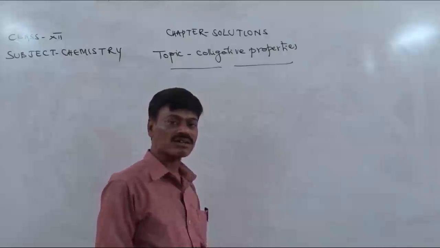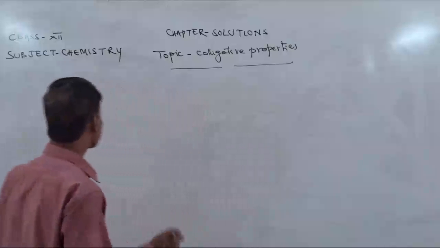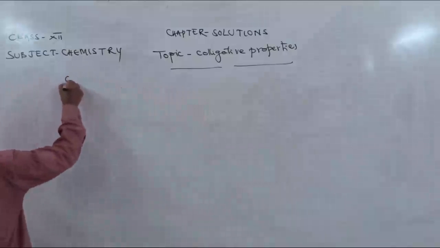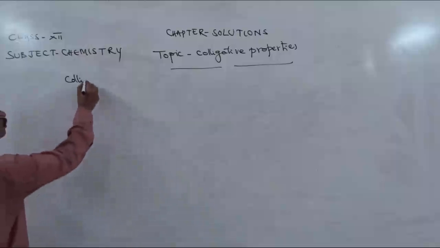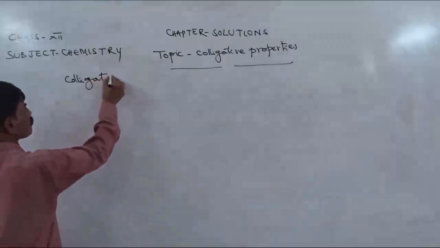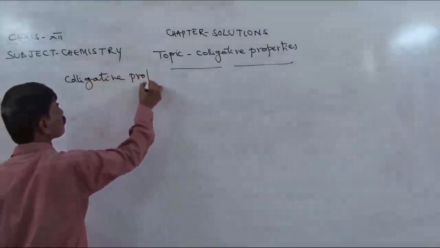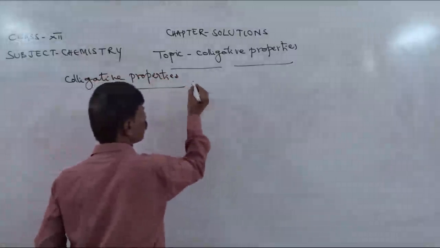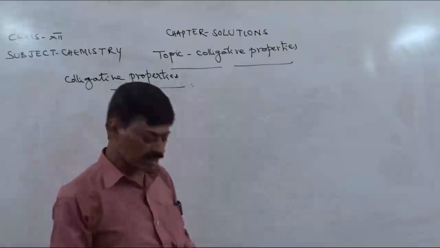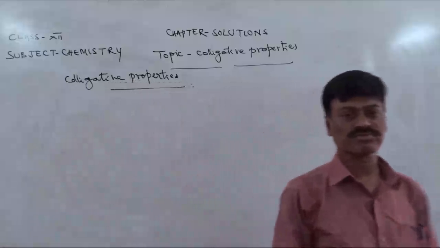First, let us see what are called colligative properties, the concept. Colligative properties refers to the number of particles present in the binary solution.